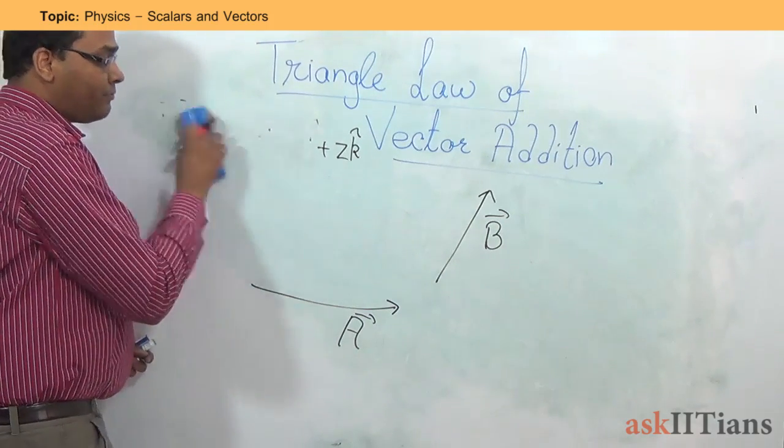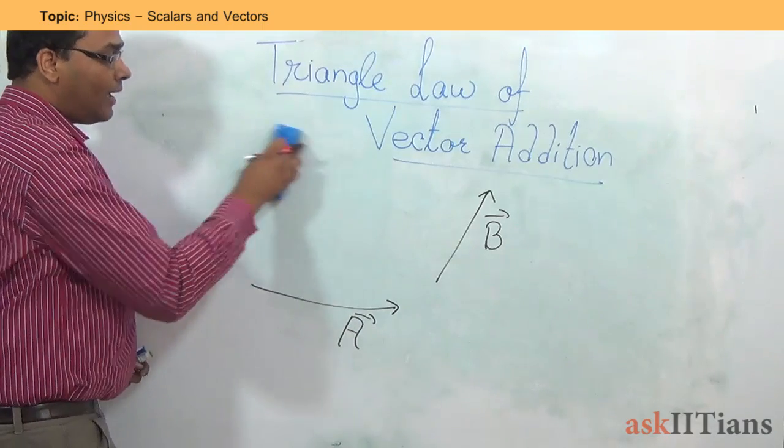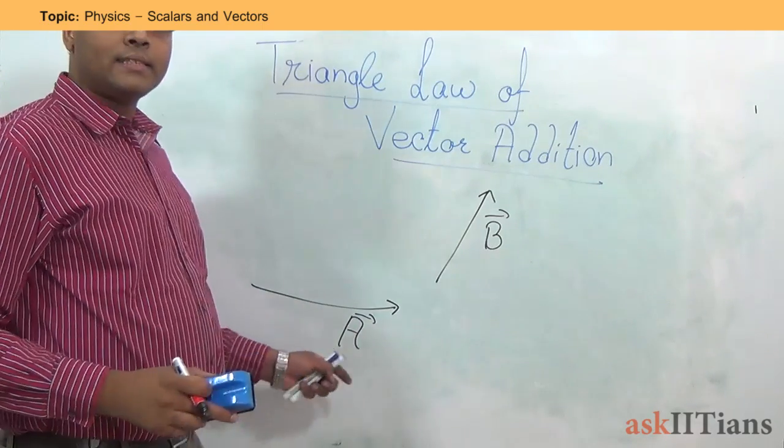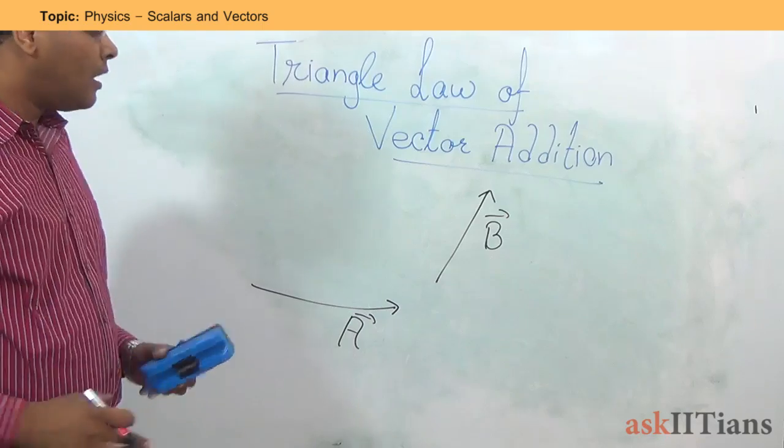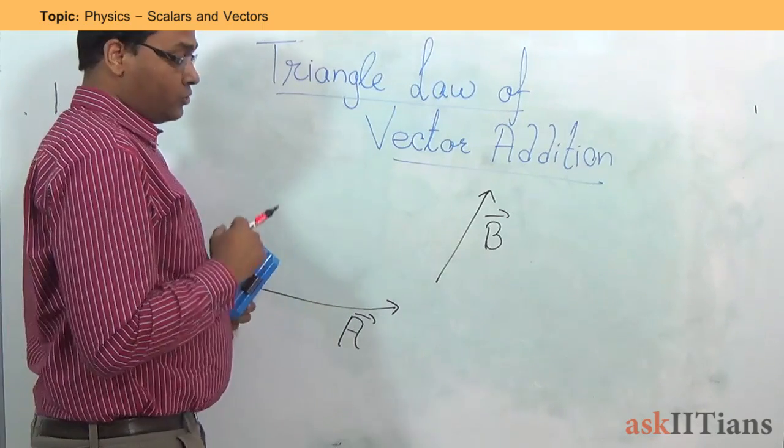So we have these two vectors, one vector and another vector, and I want to find out the net resultant of these two vectors.